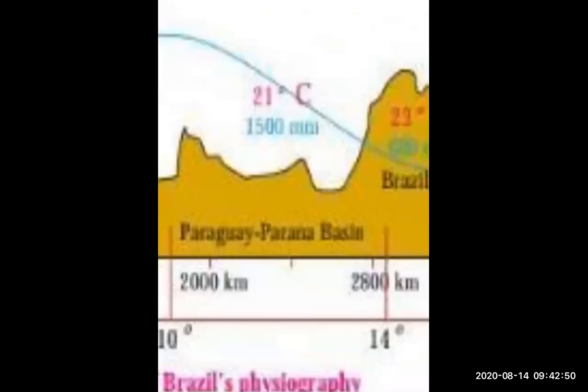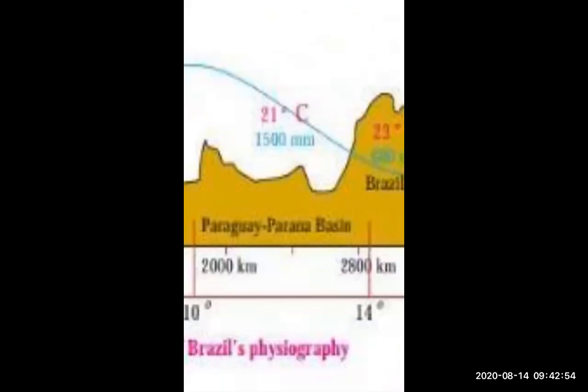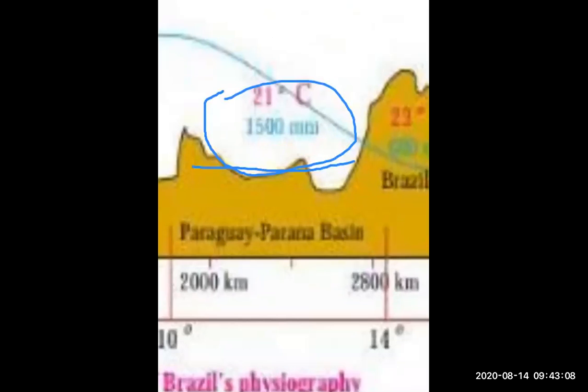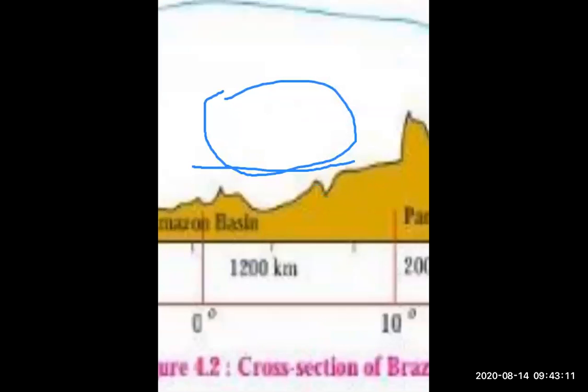After that, Parana-Paraguay basin. It is a basin which is situated in Brazil. So here, the temperature is 21 degrees Celsius and rainfall is 1500 millimeter. After that, Amazon basin.